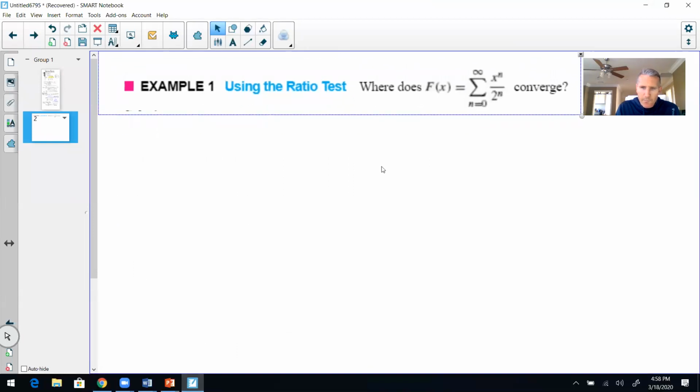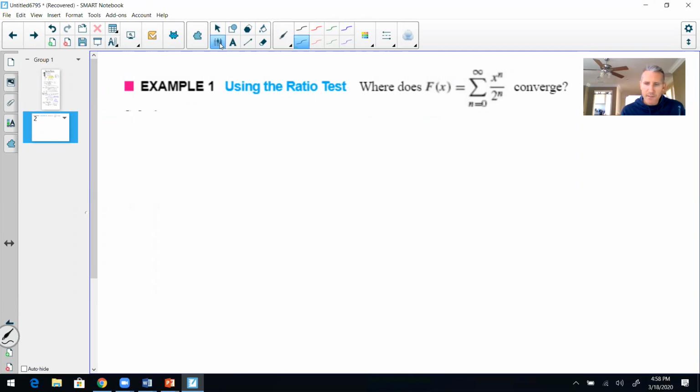All right, so we have this series, right? The summation as n goes from 0 to infinity of x to the n over 2 to the n. And I want to find out where this guy converges.